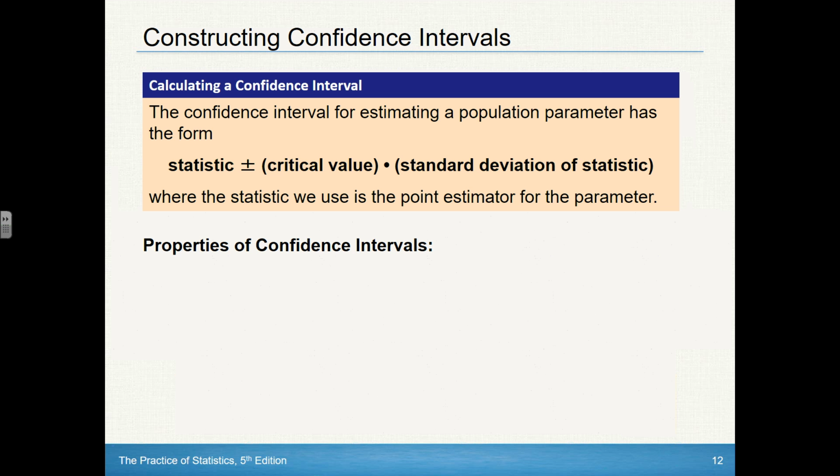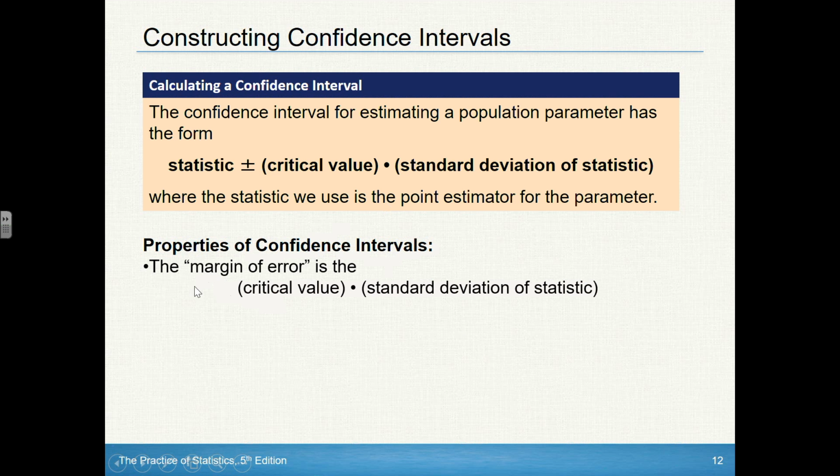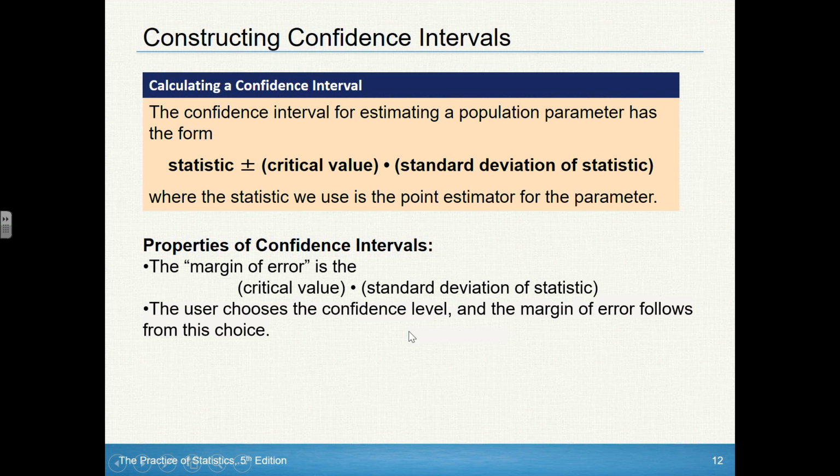All right. So we have our rule here for finding the confidence interval, but we also want to talk about some properties of confidence intervals. When we talk about the margin of error, we break it down to the critical value times the standard deviation of the statistic. The user, meaning you, who is conducting this confidence interval, you get to choose the confidence level, and the margin of error therefore follows that choice. Now, for the purposes of AP, generally speaking, you'll be told construct a 90% confidence interval, construct a 99% confidence interval.